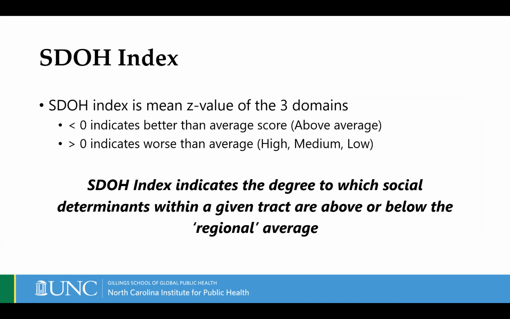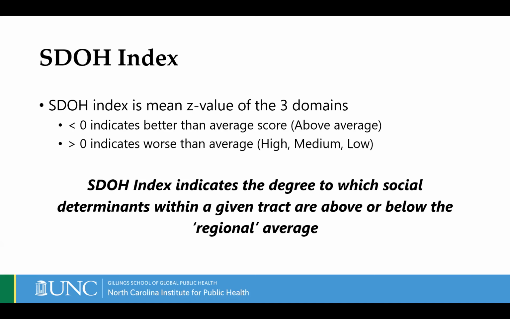Index values less than 0 indicate a better than average score for the region, which we classify as above average. These will be census tracts with a higher median household income, lower poverty rate, and greater access to food. Conversely, an index value greater than 0 indicates census tracts with scores worse than the average. We've categorized these as high, medium, and low.